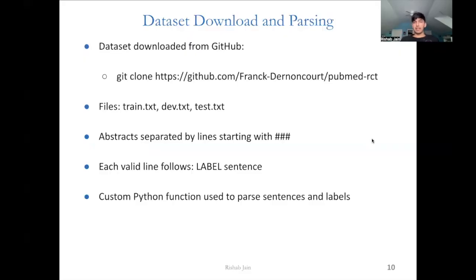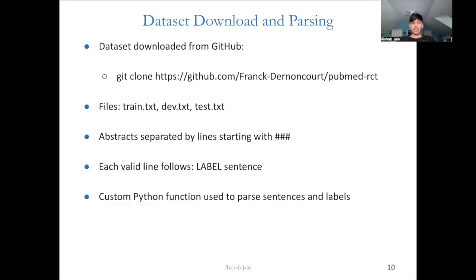For the dataset download and parsing, I got my dataset from GitHub, which has a collected dataset of PubMed RCT abstracts, which was made by Franck Dernoncourt. And so the files were a train.txt, a dev.txt, and a test.txt.